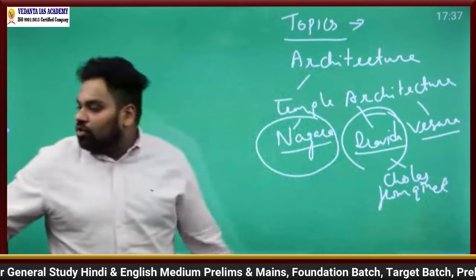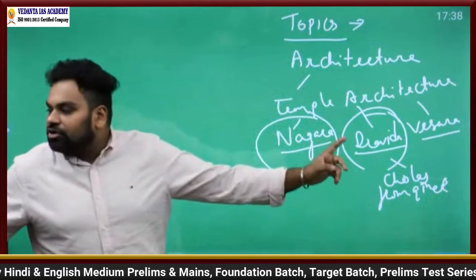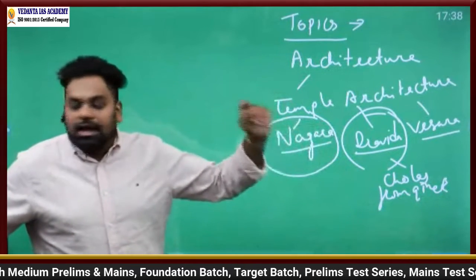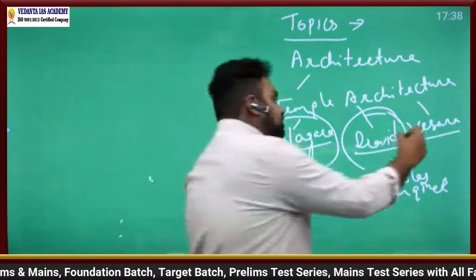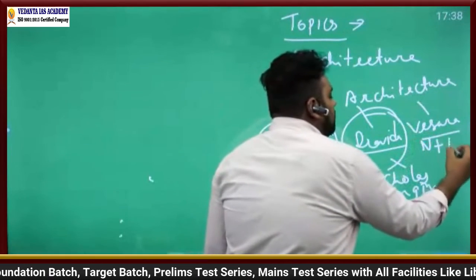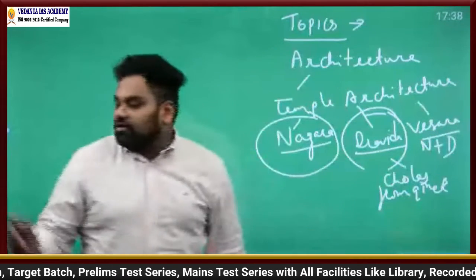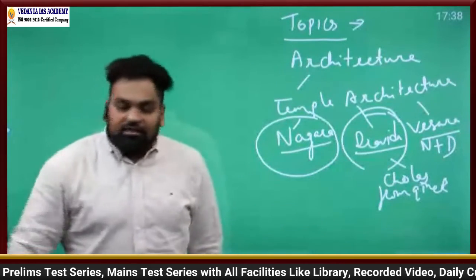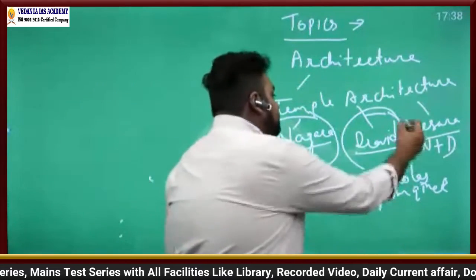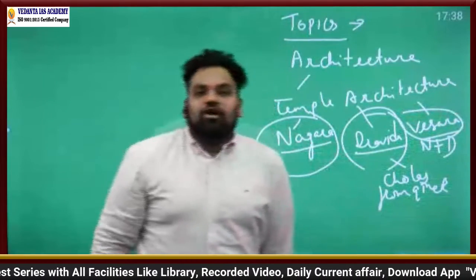So from the 9th century onwards, the Dravida style becomes very, very important. And then the mixture of Nagara plus Dravida is your Vesara style. So Vesara style is actually the mixture of these two particular styles. So we are going to see these.